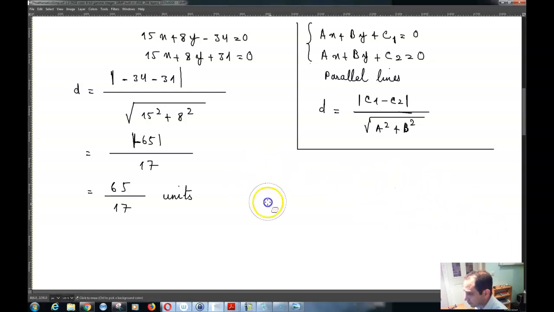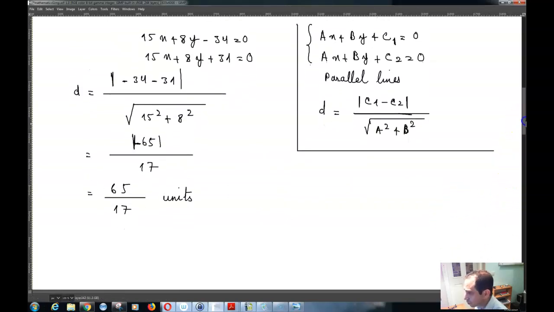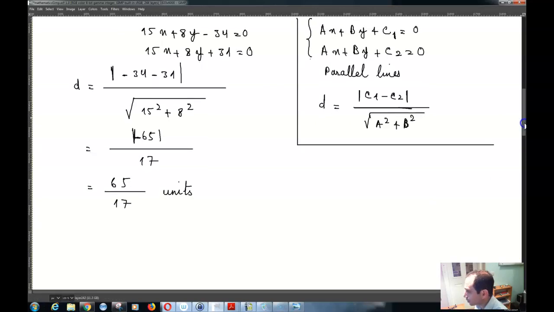The second part of this question is we have another two lines, which are Lx plus y plus p equal to 0, and Lx plus y minus r equal to 0.